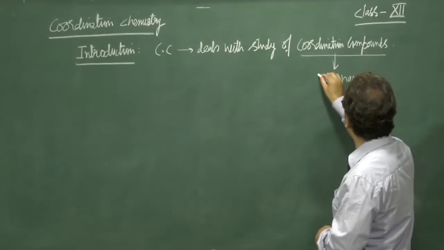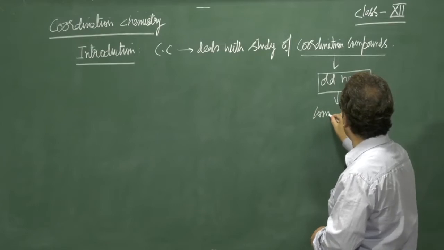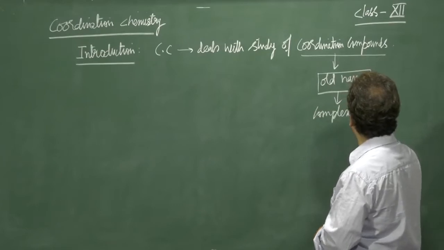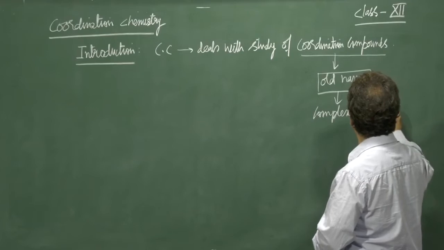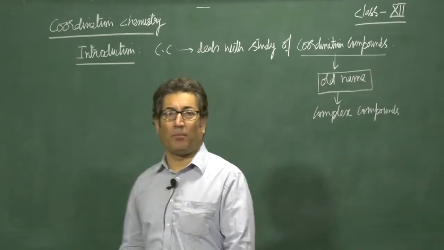The old name for these coordination compounds is complex compounds. They are called complex compounds. And we have many, many complex or coordination compounds. Some are man-made and some are naturally occurring.